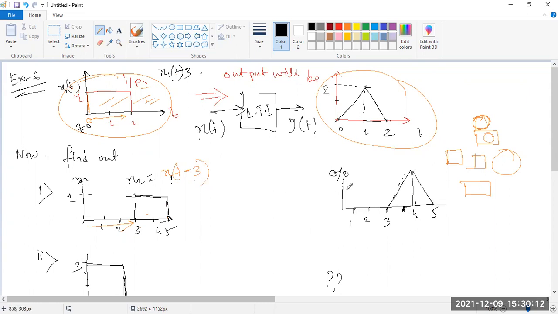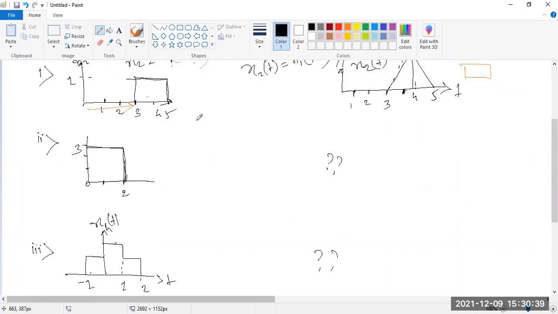This is x of 2t, and this is t. x of 2t means x1 of t minus 3, these things. So you can understand this is the application. Any scaling operation is also applicable in this LTI system.